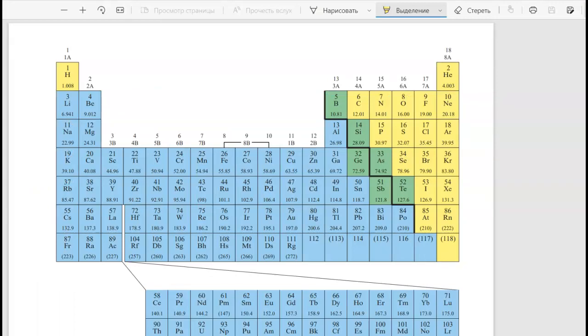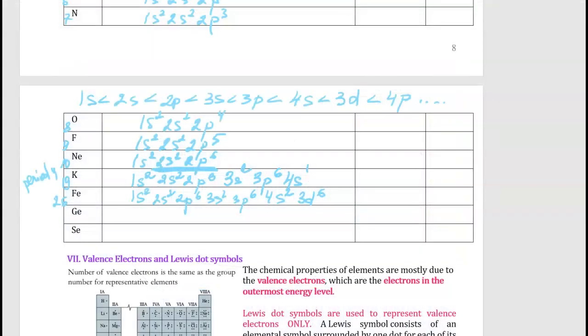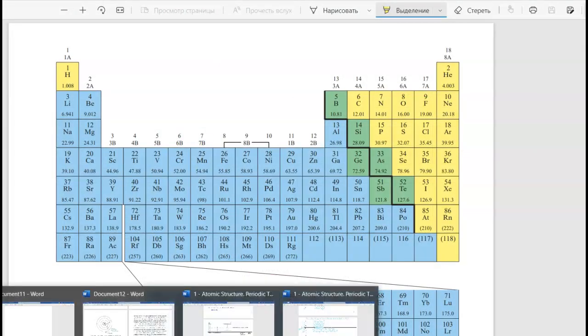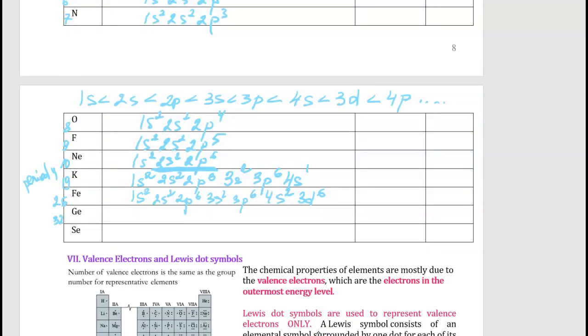Okay, let's do another one. It's here, germanium is 32, and selenium is 34. Okay, 32 and 34. Okay, and we can do it together. As you can see, this part will be the same, right? So I just write it down like this. 3d.